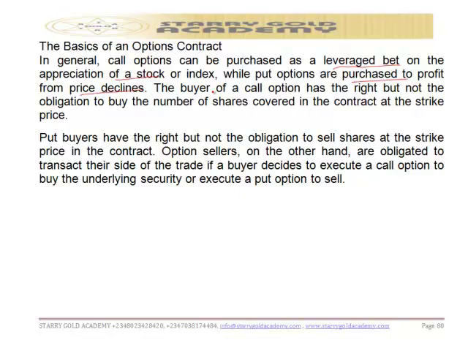The buyer of the put also has the right but not the obligation to sell shares at the strike price in the contract. Option sellers, on the other hand, are obligated to transact their side of the trade if the buyer decides to execute the call option to buy the underlying security or execute the put option to sell the security.